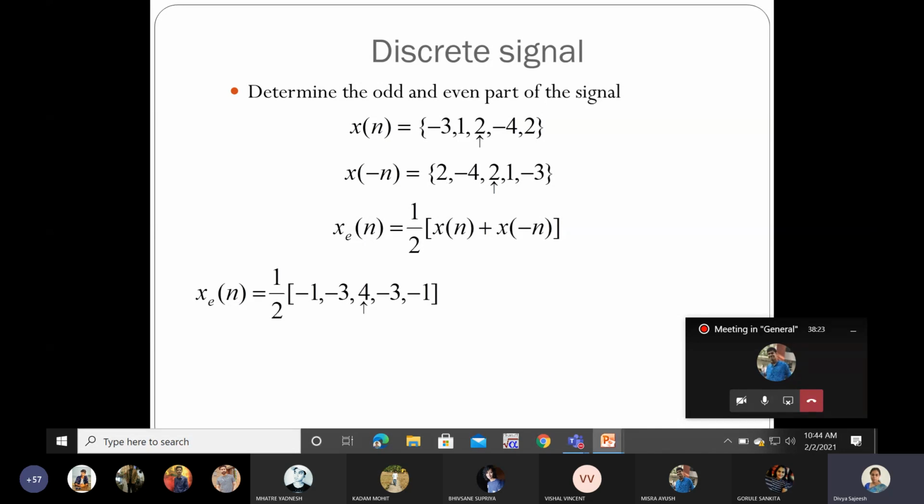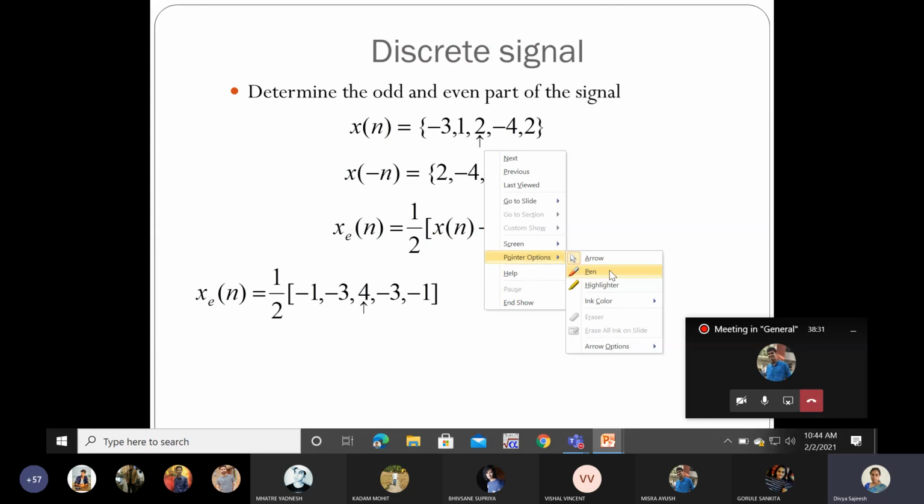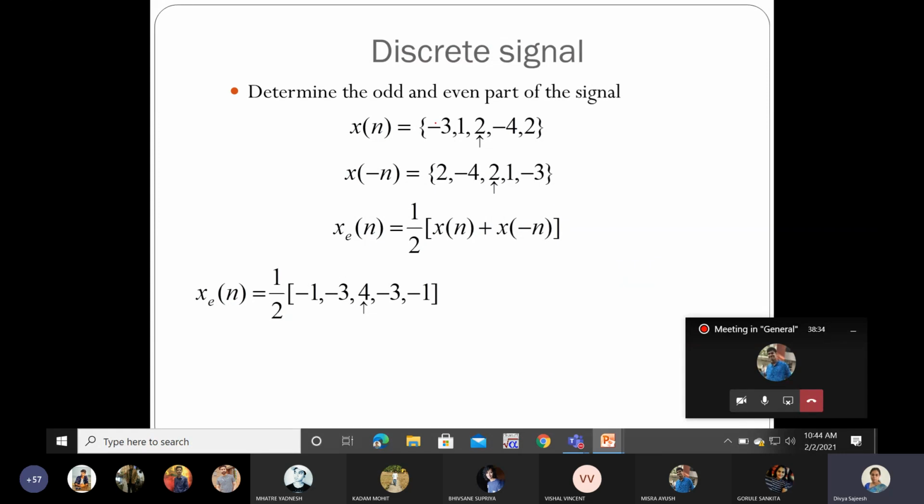Are you getting? Let me take the pointer. So this is your x of minus 2 of x of n and x of minus 2 of x of minus n. These two you have to add. While you are adding x of n and x of minus n, only the signals at the same position can be added.